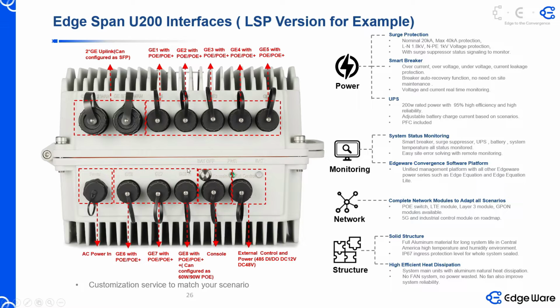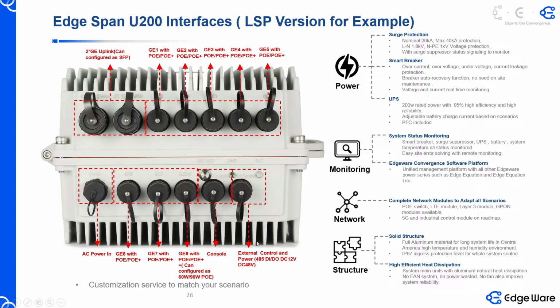You can see this interface, G8, is with BT, so that means it supports 60 watts, and it can be 90 watts if you need that kind of configuration. And this is the AC input, and here is the console port where you can configure the switch. The external control provides RS485, DI/DO, DC12, DC48, this kind of interface.